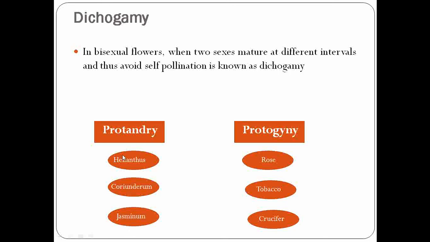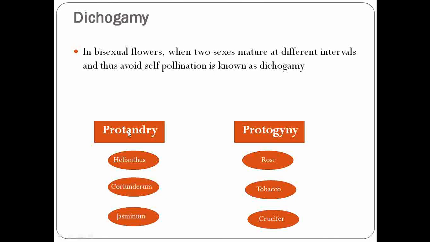Some examples of plants which show protandry are Helianthus annuus, Coriandrum and Jasminum. Then the second one is protogyny.